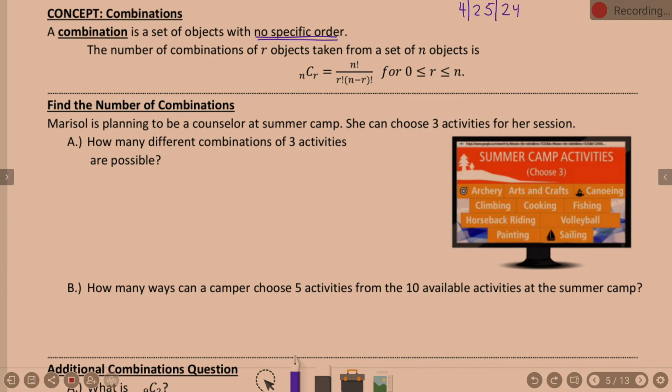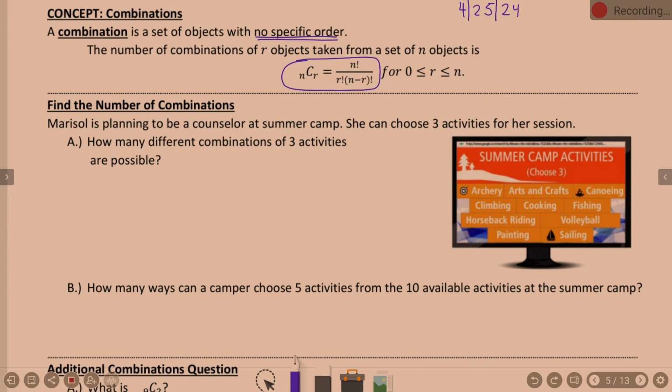Okay? Now you will notice we have a formula again. The number of combinations of r objects taken from a set of n objects. Our formula is very similar, isn't it? Okay, nCr, so combination of picking from n items, picking r at a time, and it's still n factorial on top.